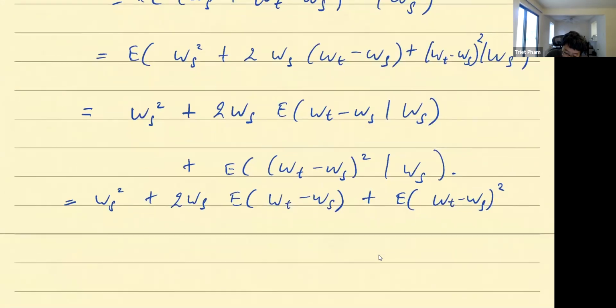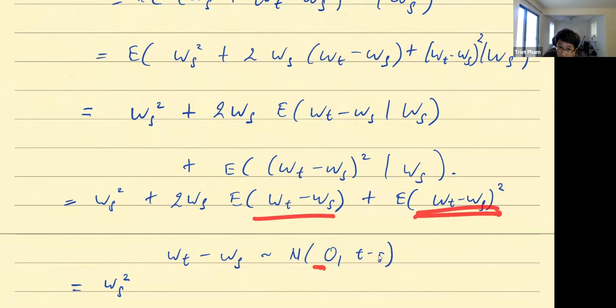Finally, recall that WT minus WS is a normal with mean 0 and variance T minus S. This becomes WS squared. This is 0.